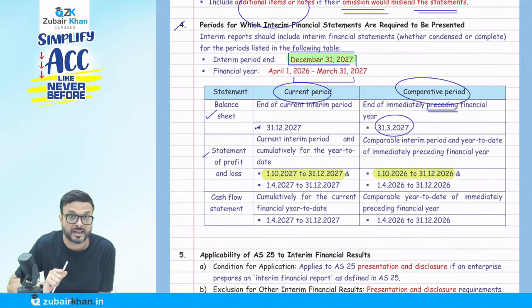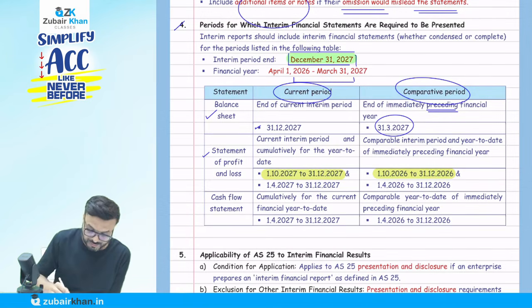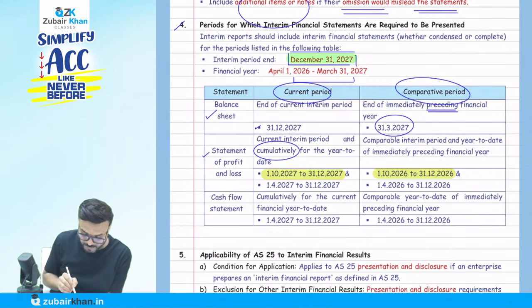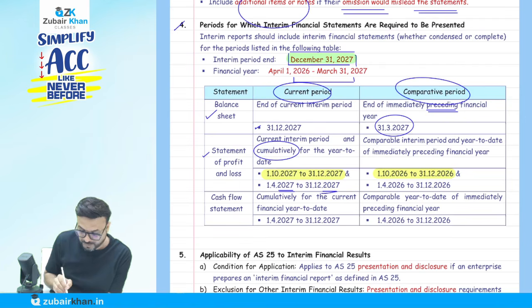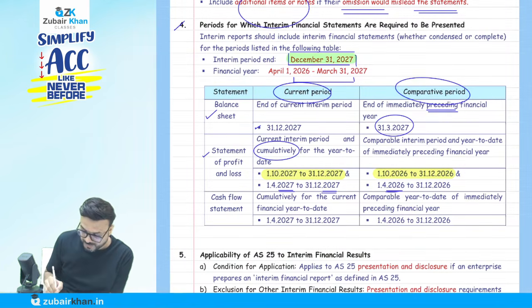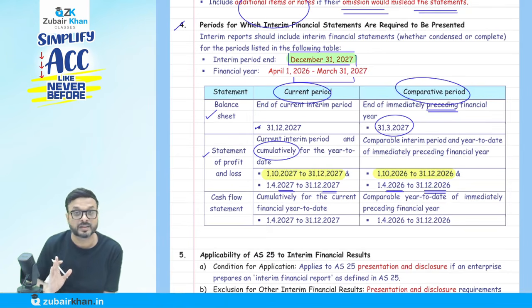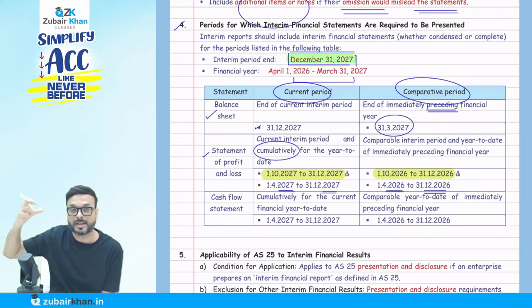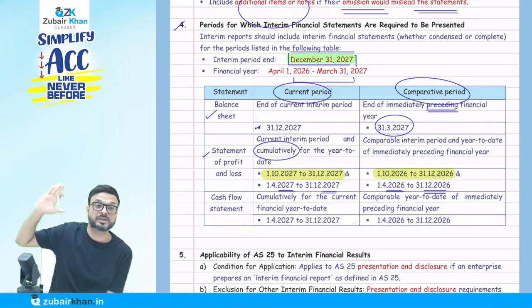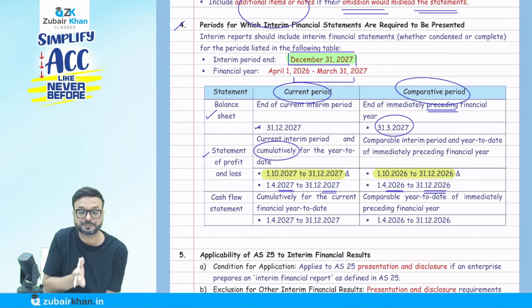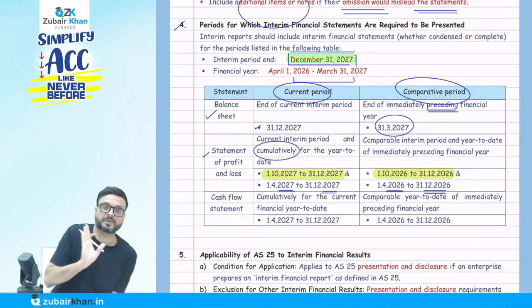But they say on a cumulative basis also: this year starting 1st of April 27 to 31st of December 27, and similarly for the previous period, 1st of April 26 to 31st of December 26. So for this quarter, comparison is with the same quarter of the previous year, and on a cumulative basis, the current year start to the end of the interim period, and the same period for the previous year as well.